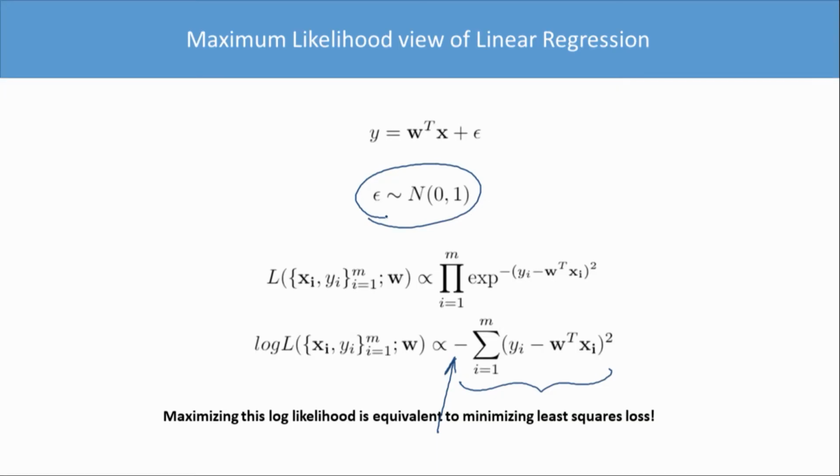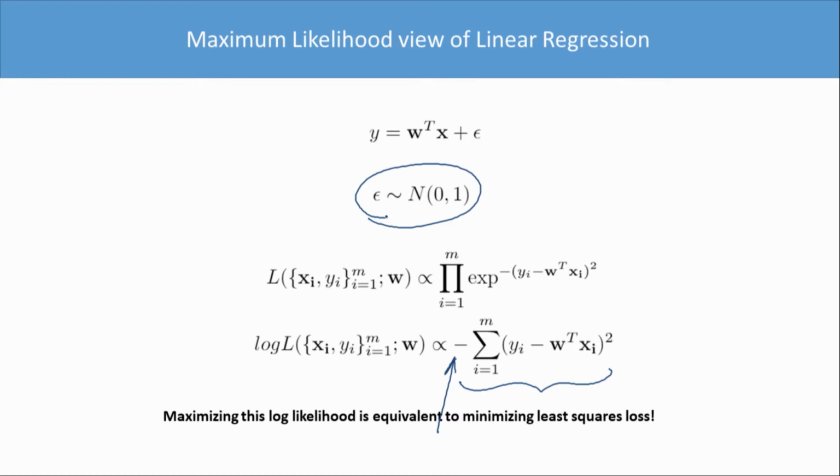That was one interpretation. Now here we are saying that it is not just that. If you used a noise model like this, then maximizing the log likelihood is equivalent to minimizing the function that we start off with. So now one question is, how critical is this assumption that the noise is Gaussian?